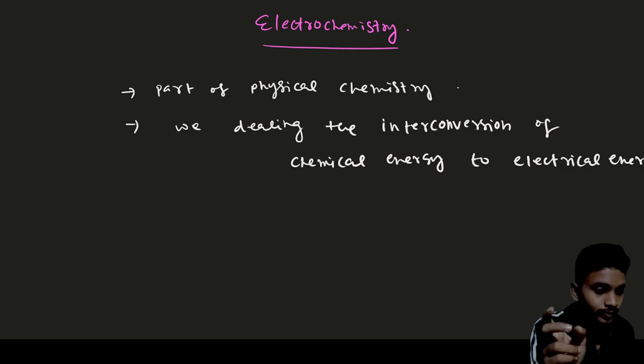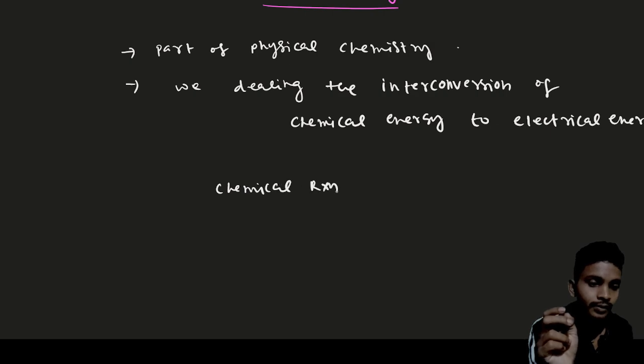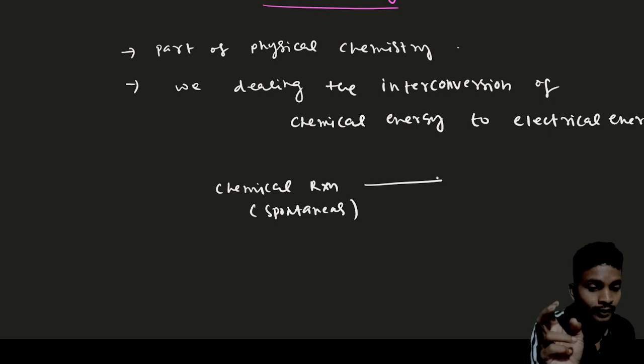It means if we have chemical reactions, and that has to be spontaneous. So for spontaneous reactions, the energy which is released due to that spontaneous reaction, that energy we use to convert to electrical energy.